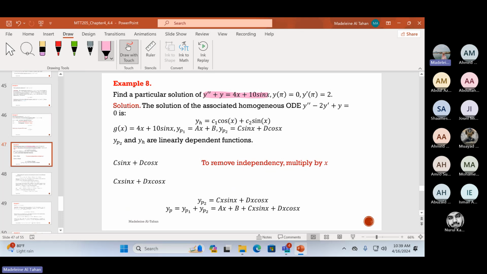G of x is divided into how many parts? 2. Polynomial of degree 1 and sines, right? Please think about it.